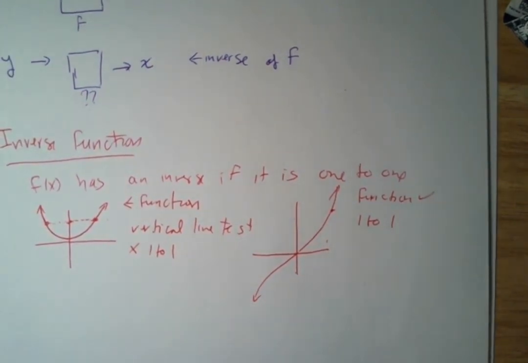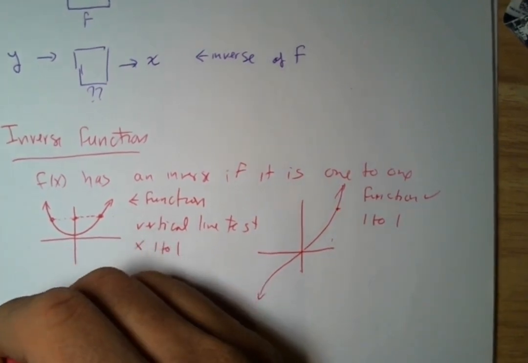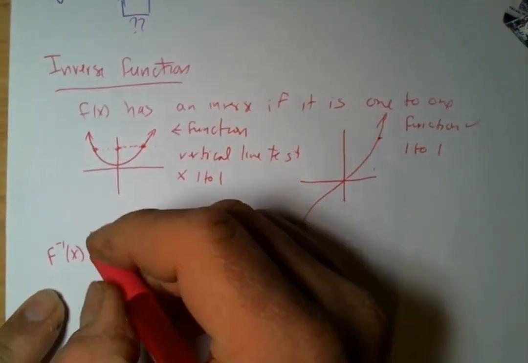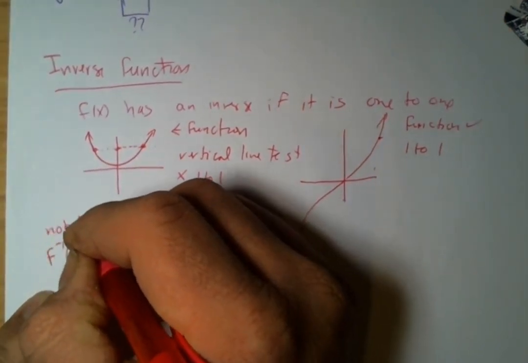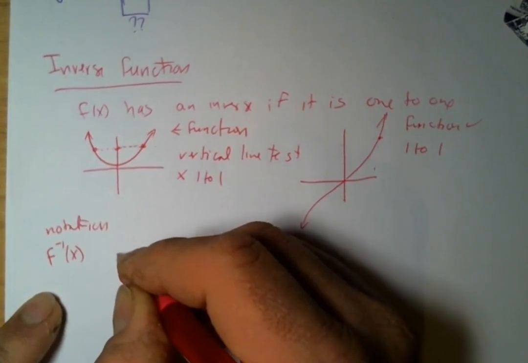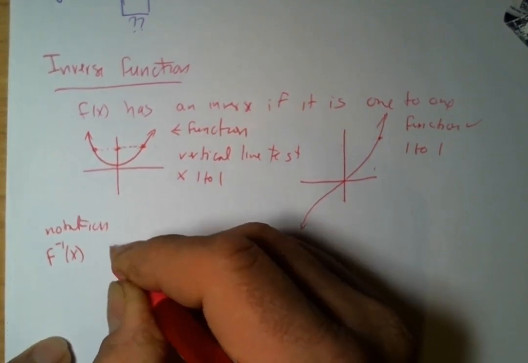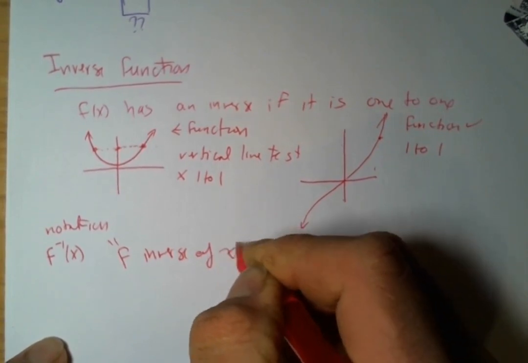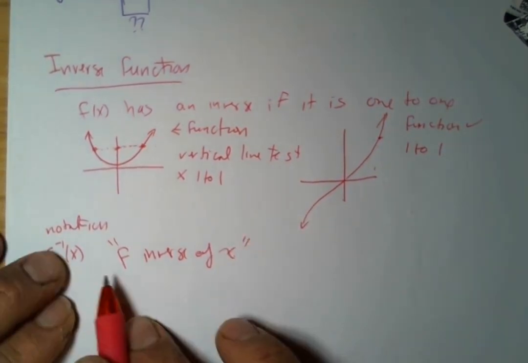Now, notation wise, if f of x is a function, we use this for our notation, and we read that as f inverse of x. Keep in mind that this is not an exponent.